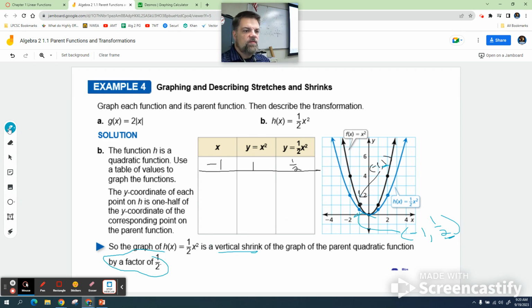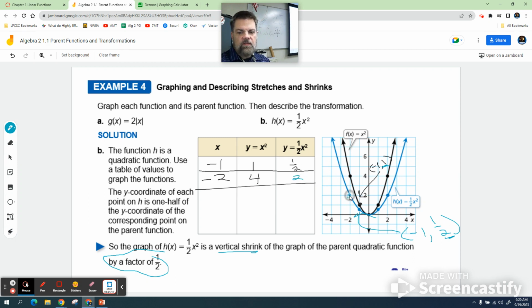And we could do one more value if you want. If I plug in -2, what's -2 squared? 4, right? And then what's half of 4? 2.